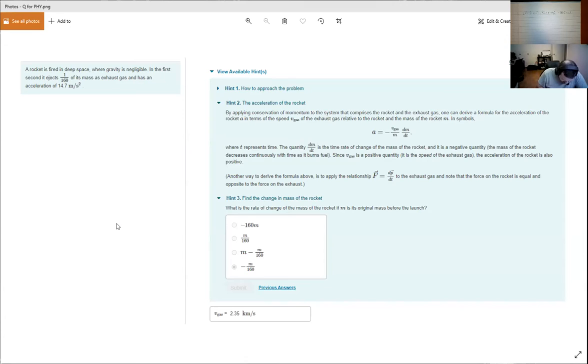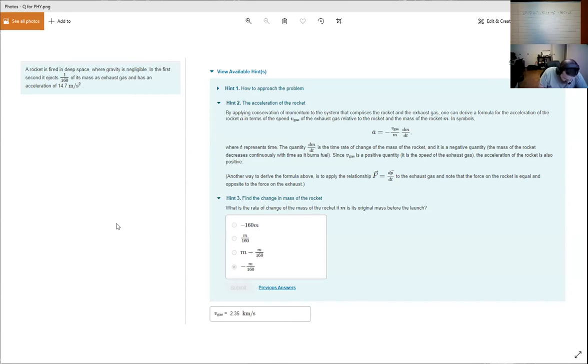But anyways, what I got to was that you go back to F is equal to ma. So you've got force is equal to mass of the rocket times acceleration of the rocket is equal to velocity of the gas times mass of the rocket over 160, which is what we came to.